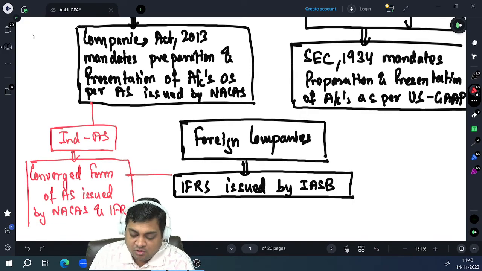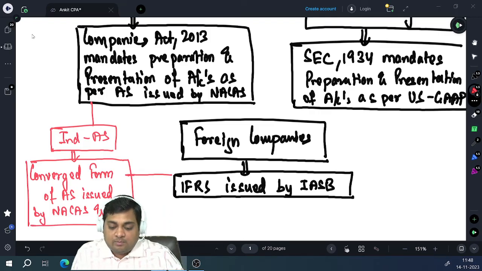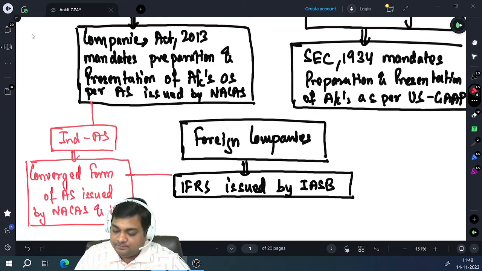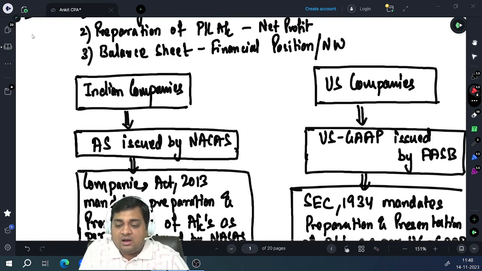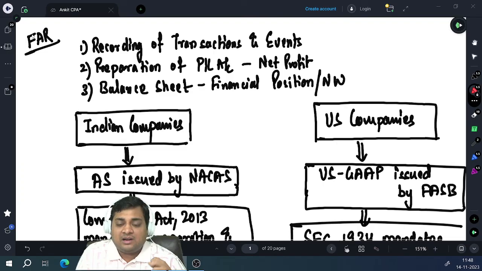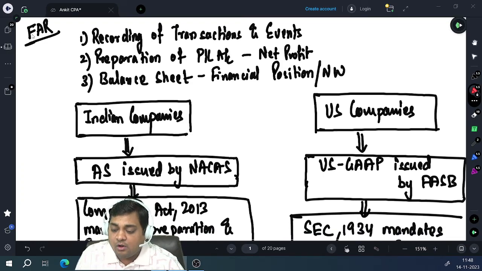In India, this was possible, but in US presently it could not be done, right? So before we do accounting, before we do treatment of any particular item, we would like to know what principles, what rules, regulations we have to follow.